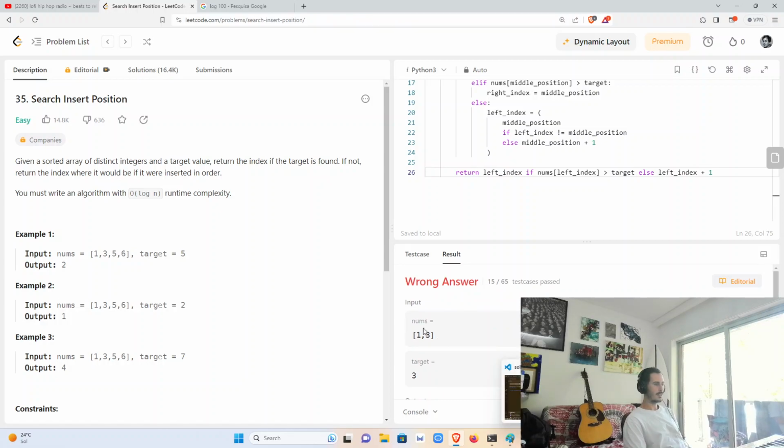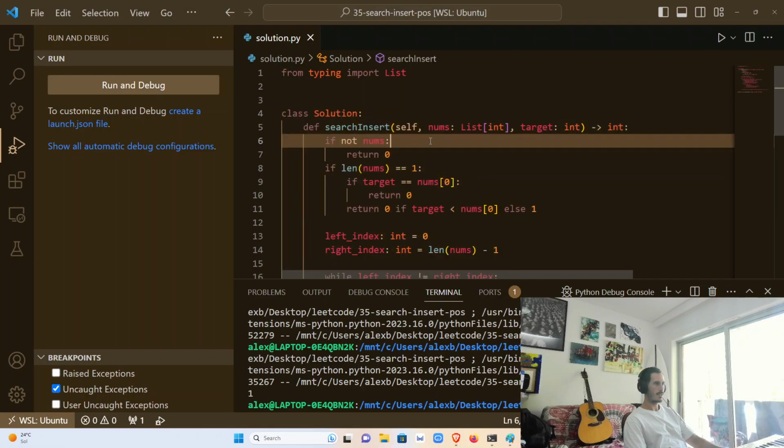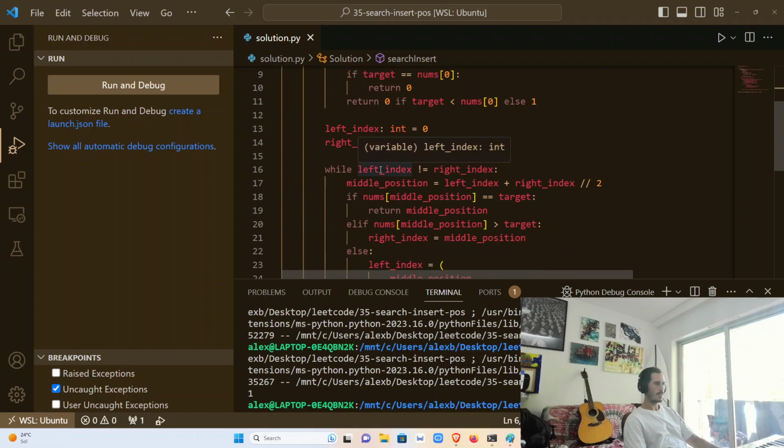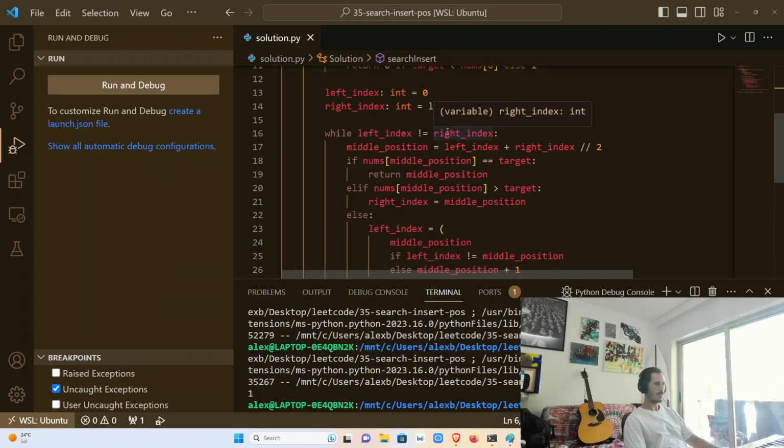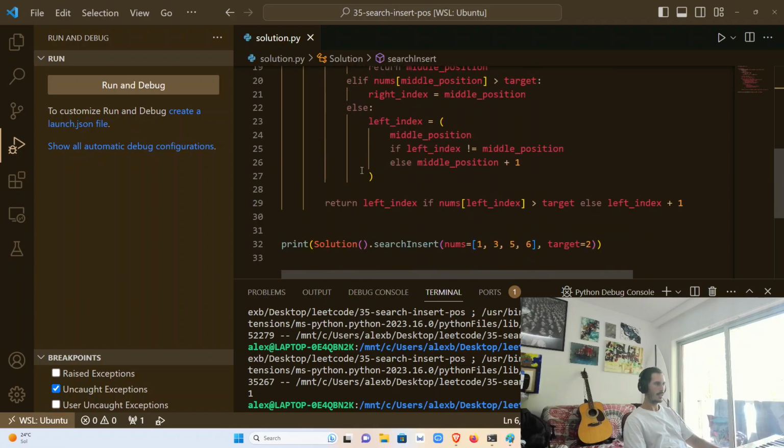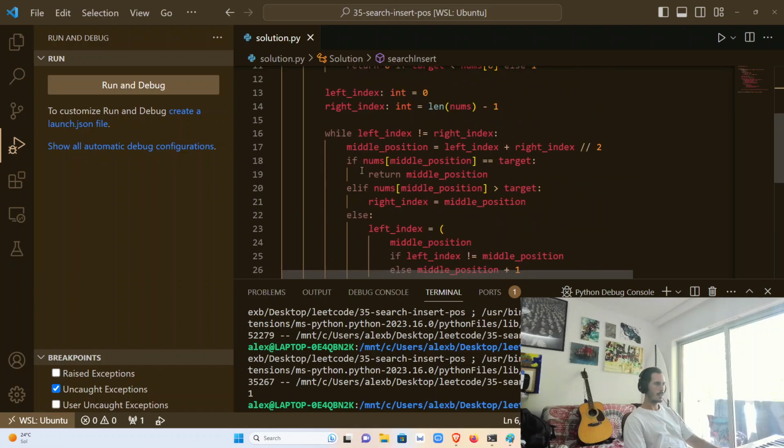Okay, I guess what's happening is that while left is different, maybe they're meeting, but they are not coming here.